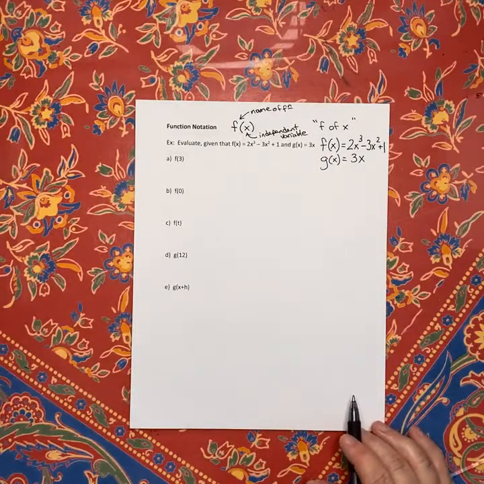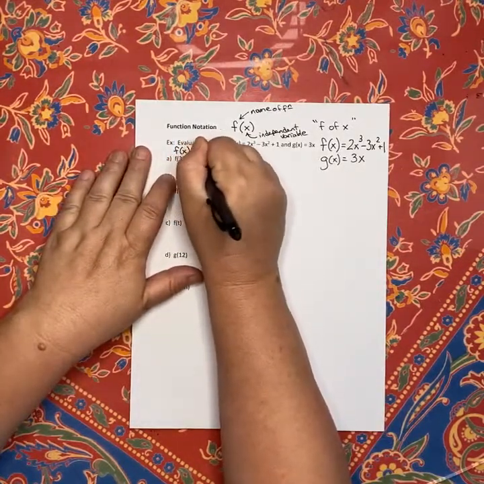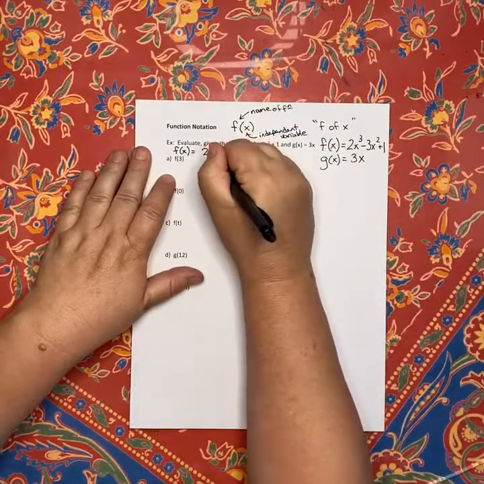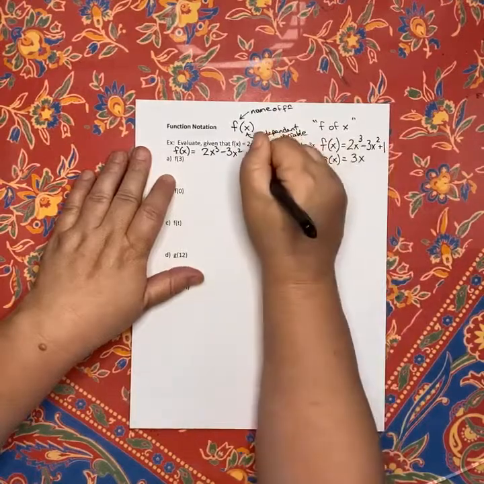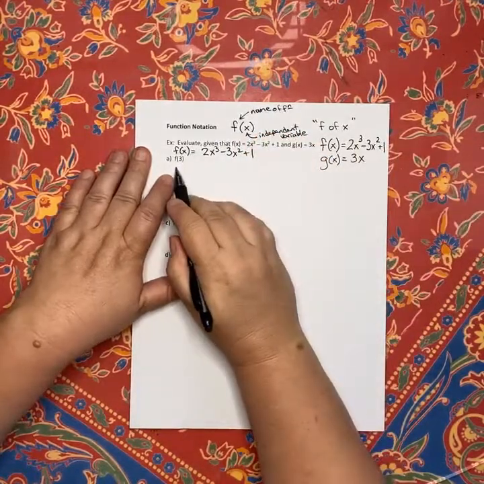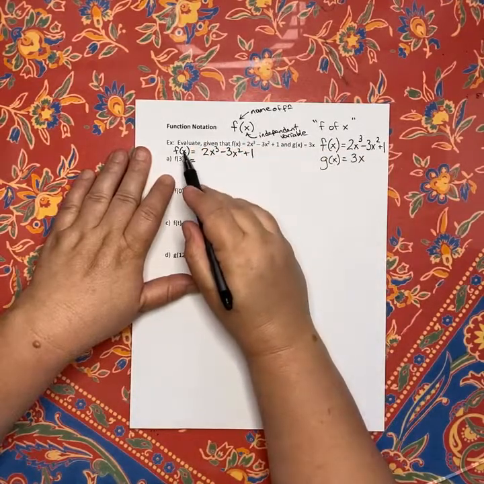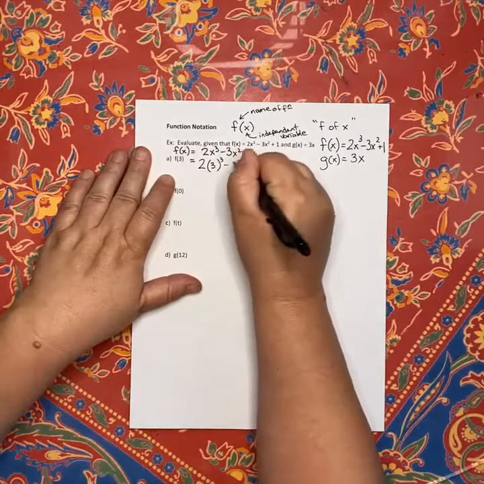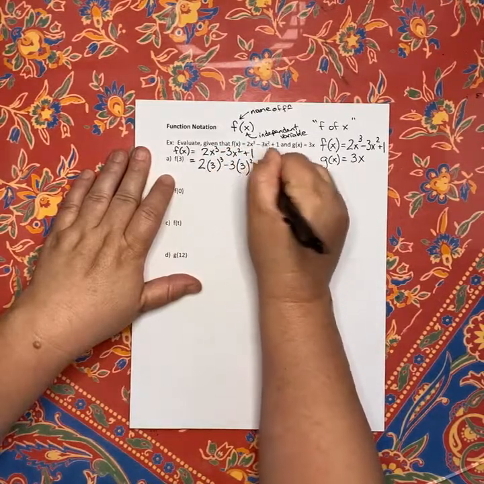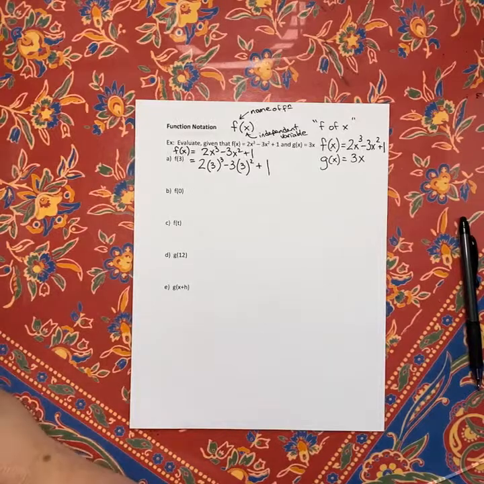So what do we do? Well, if I know that f of x is, and again, I'm going to write it again, 2x cubed minus 3x squared plus 1, and I want to know what f of 3 is, what I do is I take the 3 and put it wherever the x was. So 2 times 3 cubed minus 3 times 3 squared plus 1. Here, I'm going to try to use my handy dandy highlighter.